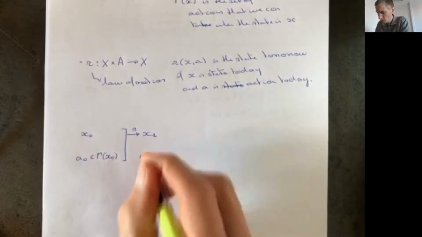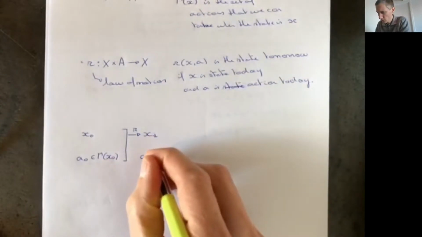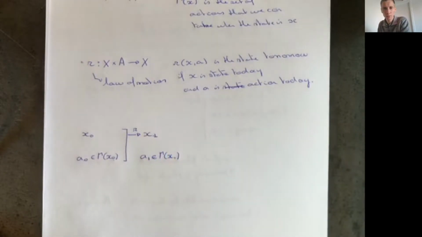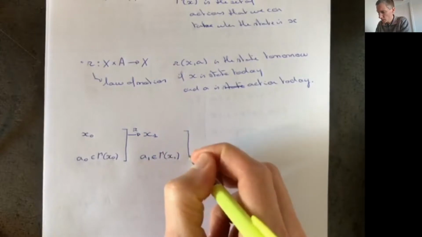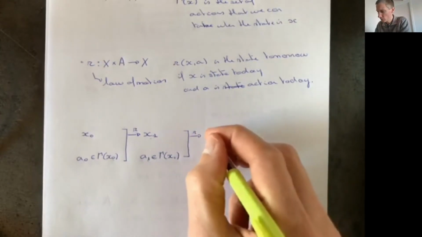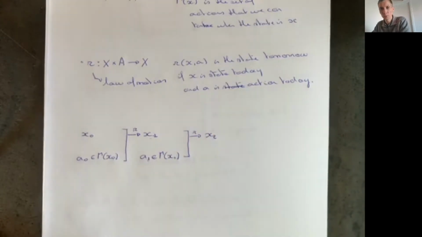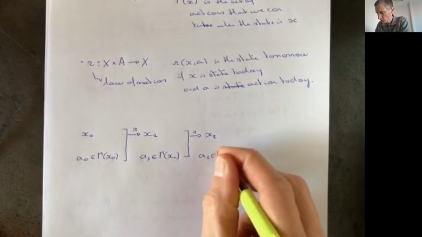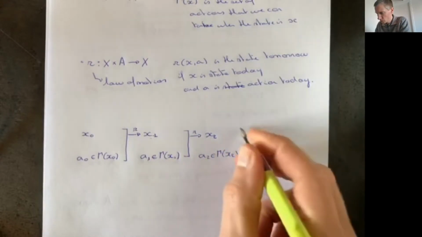Then when I have x1, well, next I take an action in gamma of x1, and then x1 together with A1 is going to determine the state x2, 2 periods ahead. Then I take an action A2 in gamma of x2.